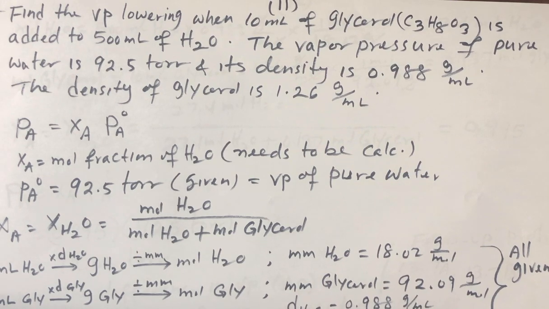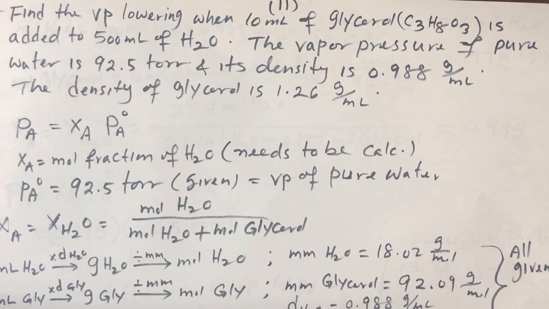Now, if you have any problem dealing with torr, and the R being given to you, then you know that you have to make some conversions. But here R is not given, so we'll just use 92.5 torr.